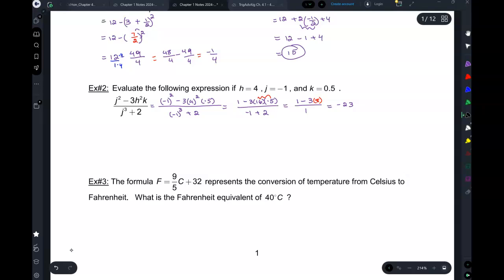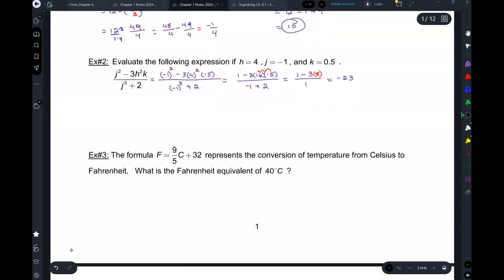Now, before we move past, I actually want to do a second version of this. And I'm going to keep all the values the same, except I want to change the K from 0.5 to, I don't know, 0.3.